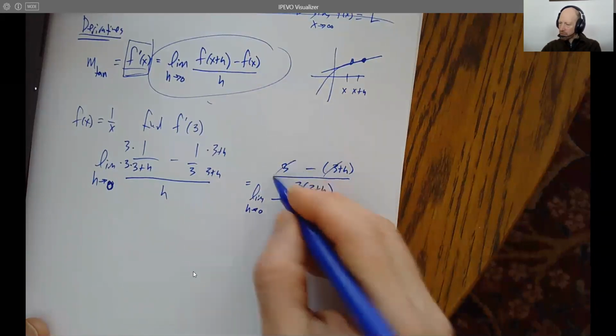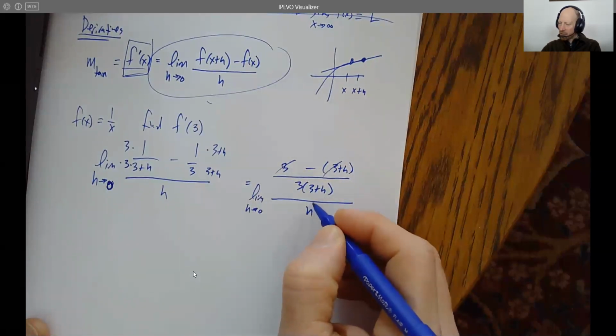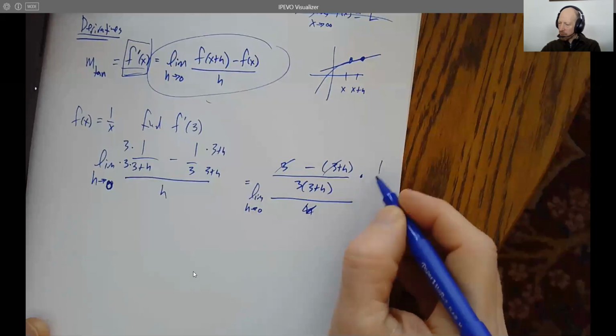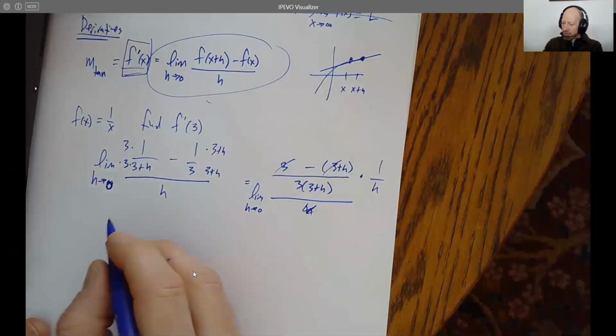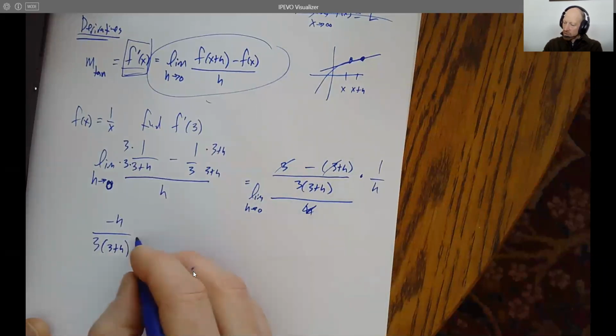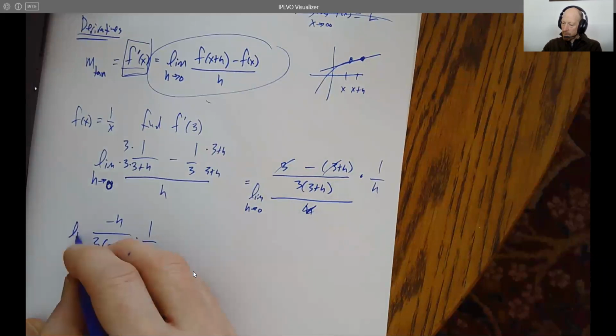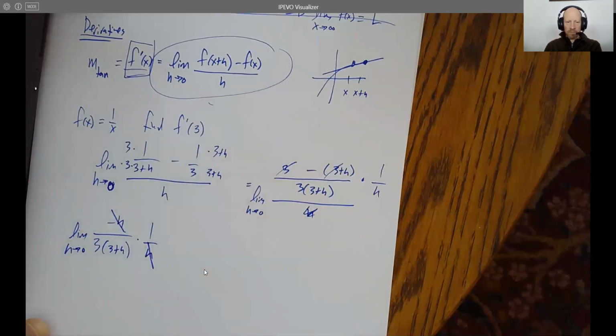So these 3's are going to cancel. When I'm dividing by h, that's the same as multiplying by 1 over h. So I have negative h over 3 times 3 plus h, times 1 over h. Those cancel.